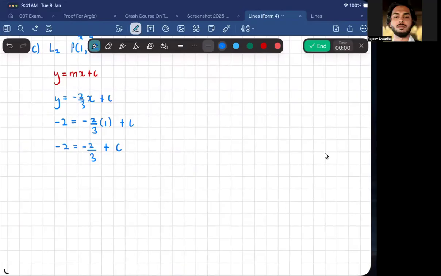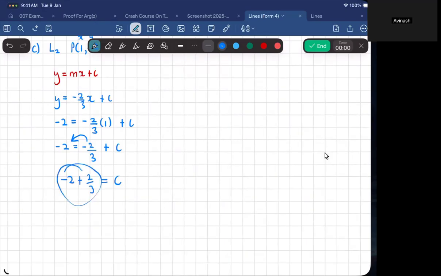Let me show you what you could do. You have two ways you could solve this. I can move across the minus 2 over 3, and that'll be minus 2 plus 2 over 3, and that'll be equal to c. If you simplify that, you're going to get negative 4 over 3. So c is equal to negative 4 over 3.